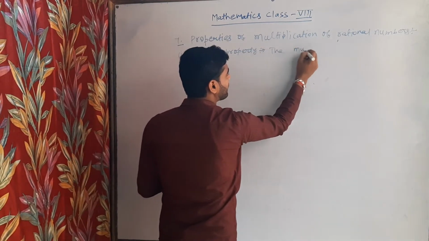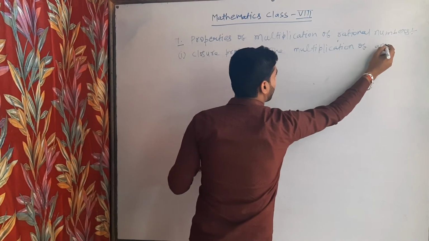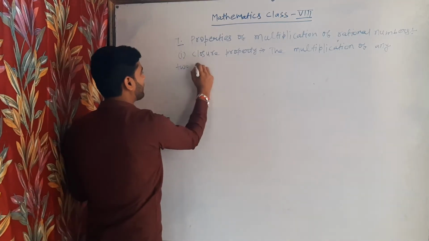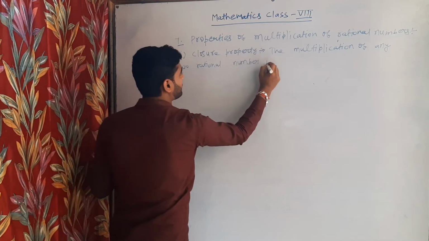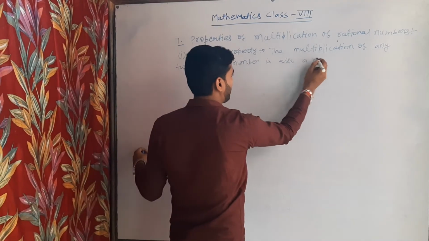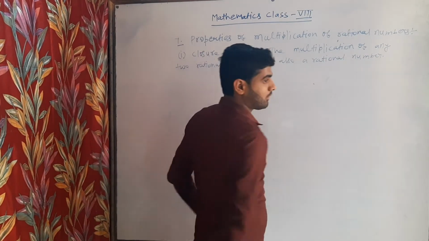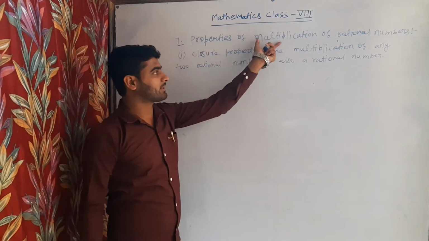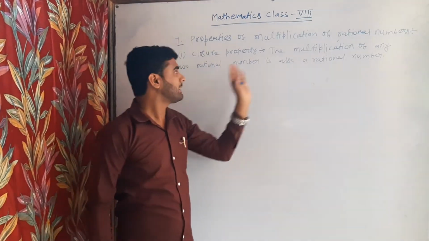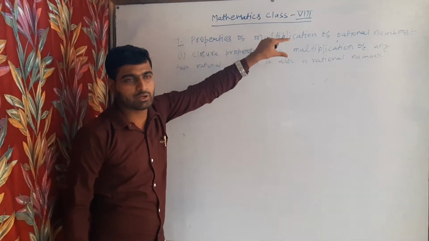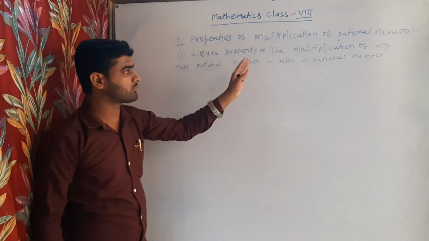The multiplication of any two rational numbers is also a rational number. In closure property of addition, we have that the addition of any two rational numbers is a rational number, and in properties of multiplication of rational numbers, in closure property, the multiplication of any two rational numbers is also a rational number.